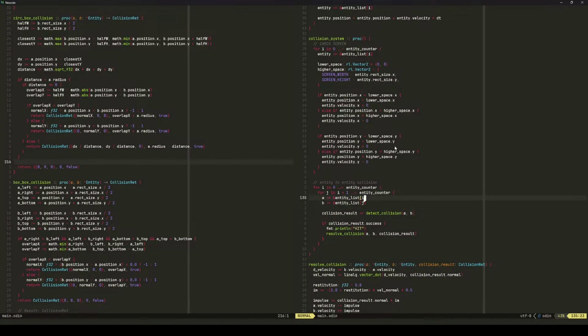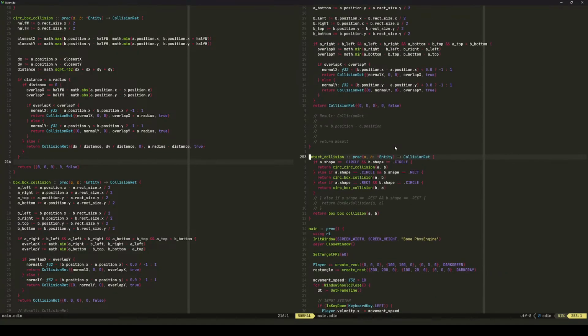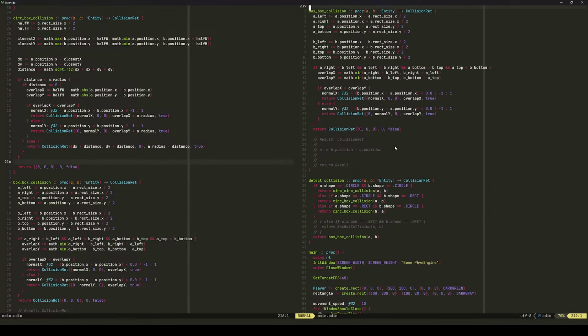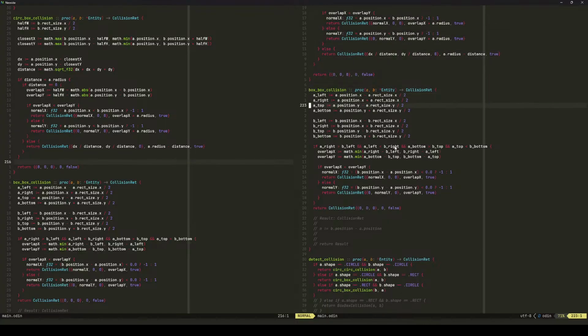Yeah. Entity list, entity position, detect collision. Probably box to box. Box to box is box rect size. Two minus y, plus minus x, rect x, y.